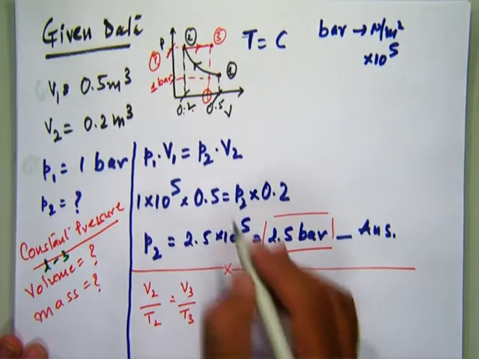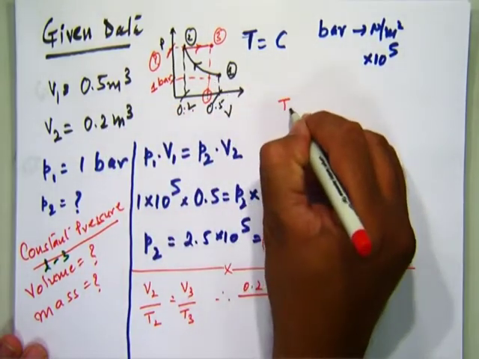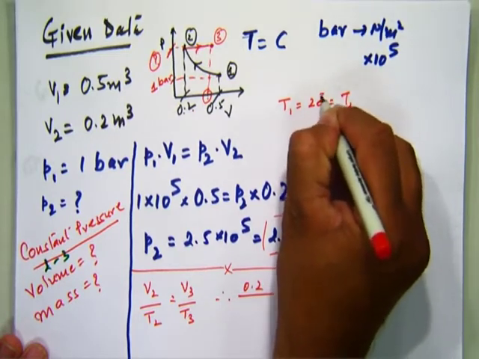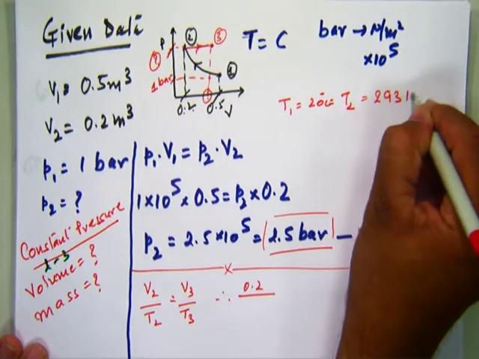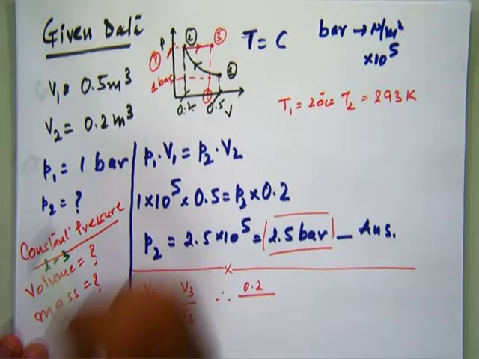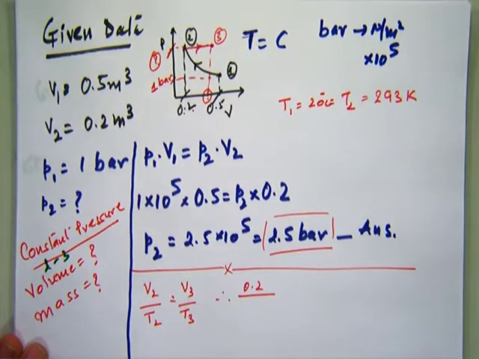It is given that T1 is equal to T2, 20 degrees centigrade. This is 293 Kelvin. Compression takes place at a constant 20 degrees, as given in the data.